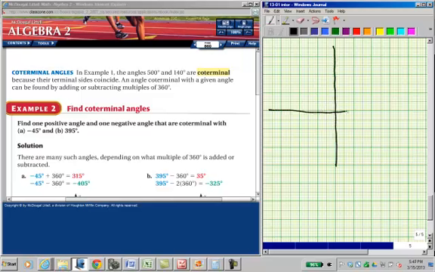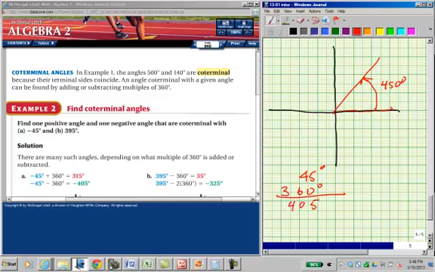Let's look at 45 degrees. Initial side, terminal side. 45 degrees. Now, what's an angle that would end in the same place? Well, if we took 45 degrees and added 360 degrees to it, we get 405.